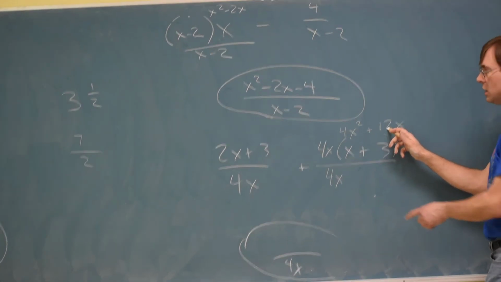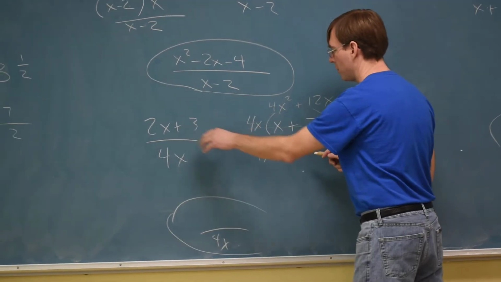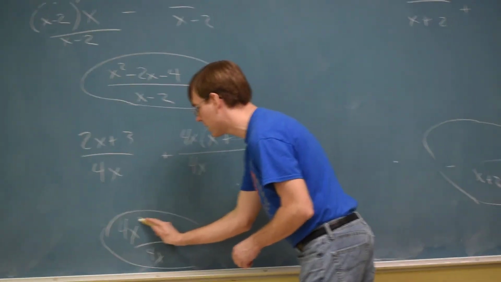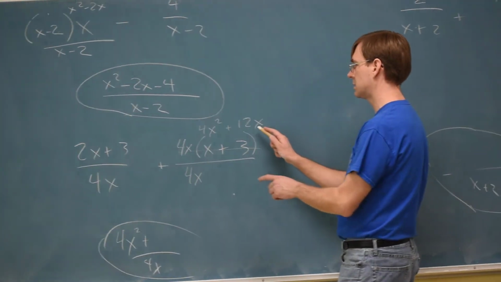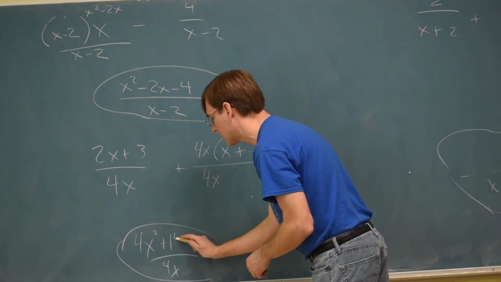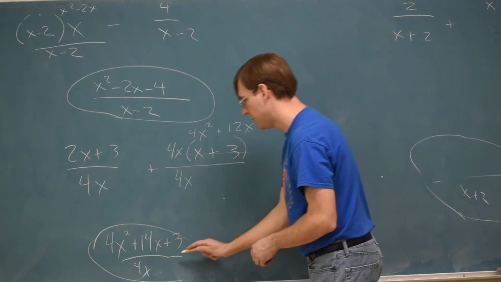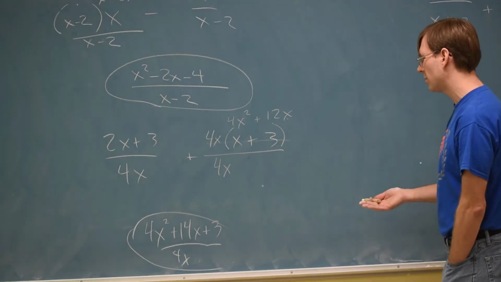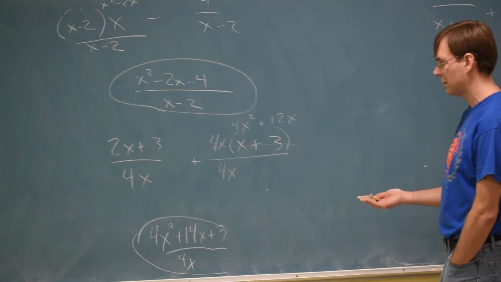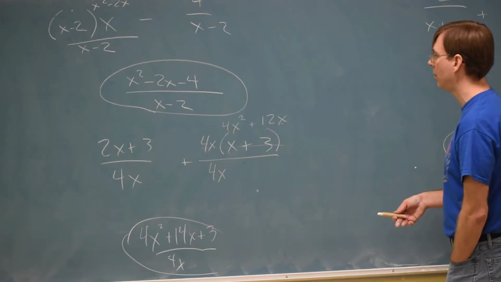And then these should try to add the other pieces. We'd have a 4x squared plus a 14x plus a 3. I should think about factoring that top, but I can't, so I don't, and I just keep on moving.